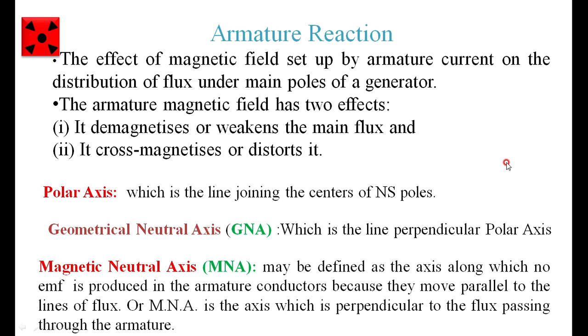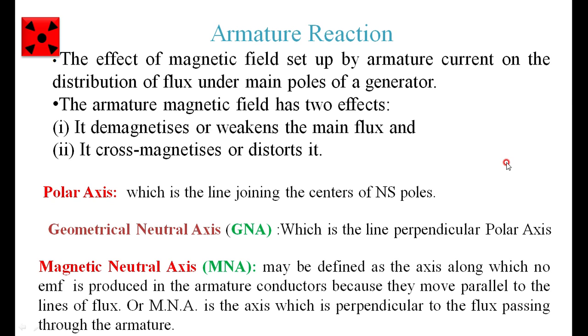The magnetic neutral axis, in general, you have to keep in mind, is the axis perpendicular to the lines of magnetic flux. It may be defined as the axis along which no EMF is induced in the armature conductors, because they move parallel to the lines of flux, or the MNA is the axis perpendicular to the flux passing through the armature.